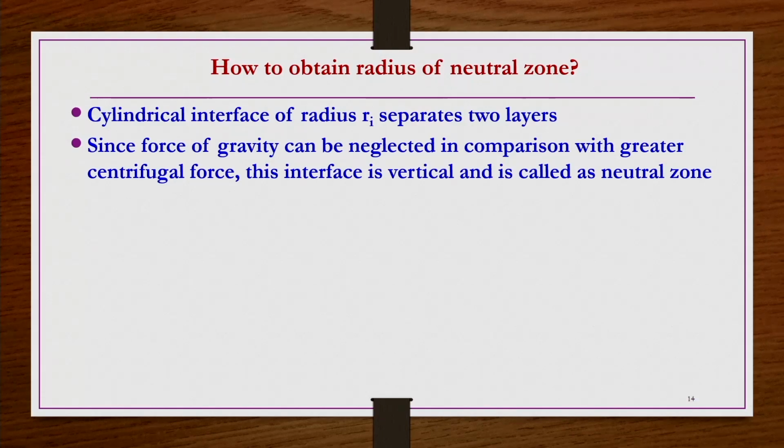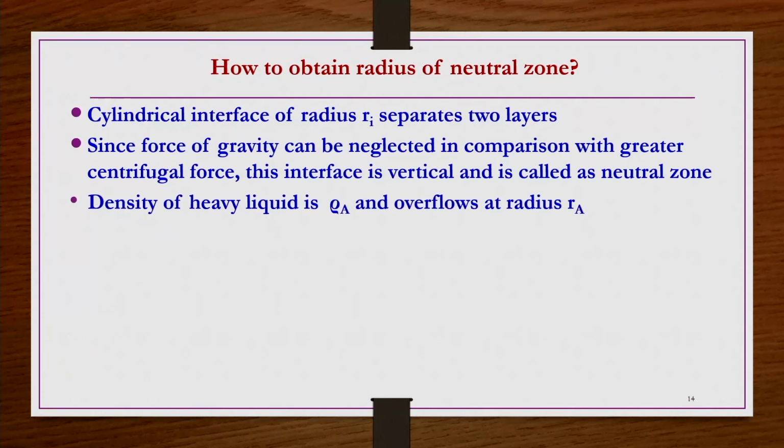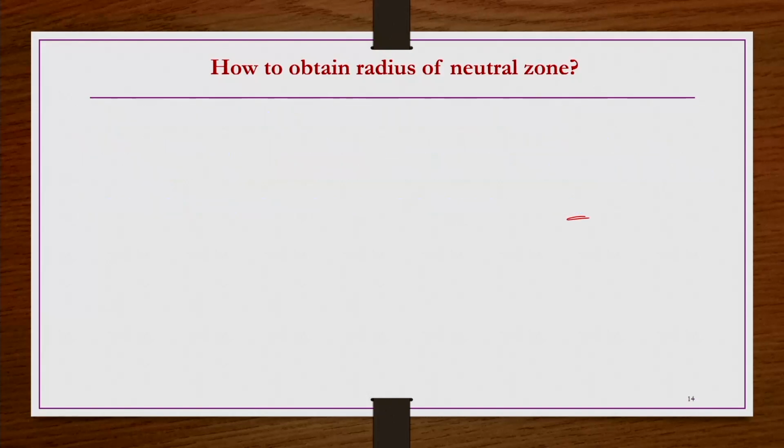Since the force of gravity can be neglected in comparison with the greater centrifugal force, this interface is vertical and is called the neutral zone. Okay. So, the density of the heavy liquid is rho A and it overflows at radius Ra. There is an overflow opening at the top for this heavy liquid to go out, and that Ra is the distance from the central axis.